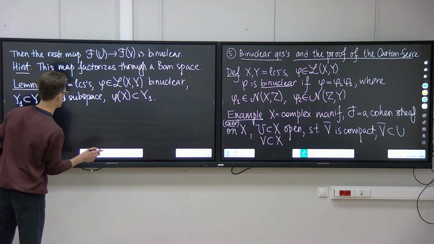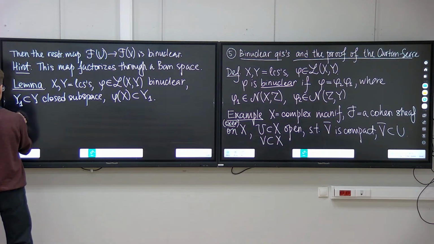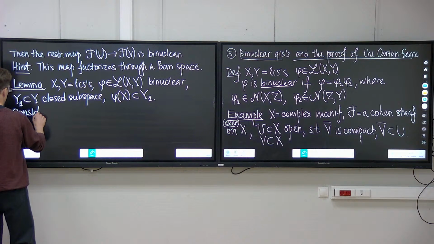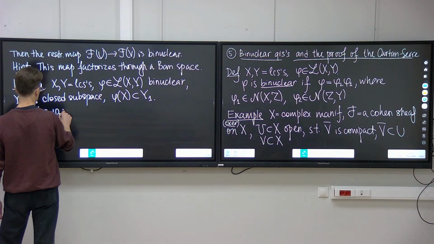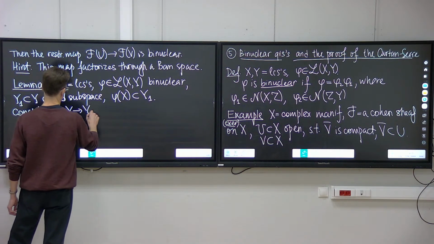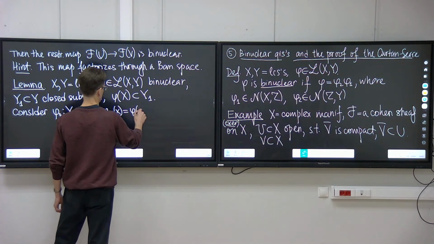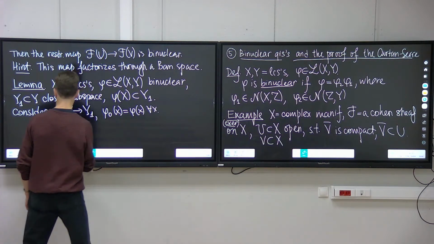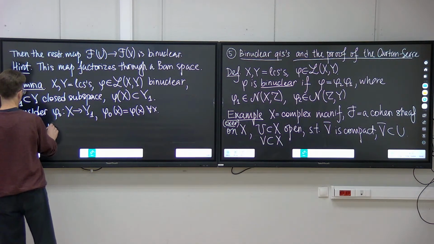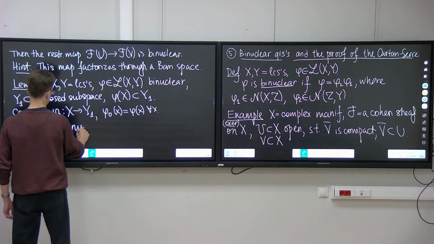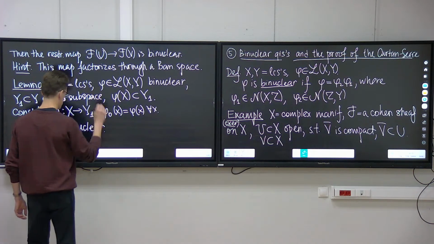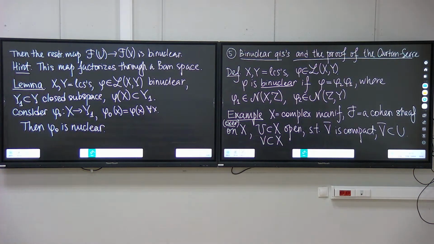So formally this can be written as follows. We consider a map phi 0 from X to Y1. We define it by the same formula as phi. And I claim that phi 0 is nuclear. There is an exercise in our last exercise sheet which shows that for nuclear maps this is not true.